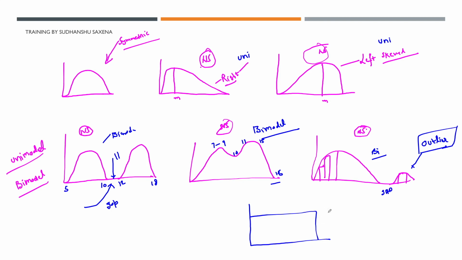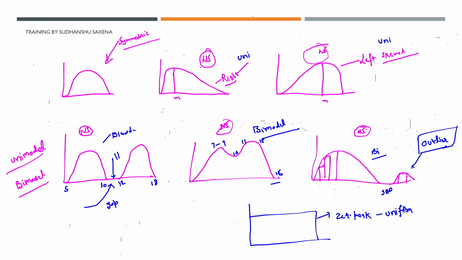So we call this kind of graph zero peak data. And what this zero peak data means is that we have something called uniform data, right? Uniform data across. So we will call it uniform data, and we call it zero gaps.